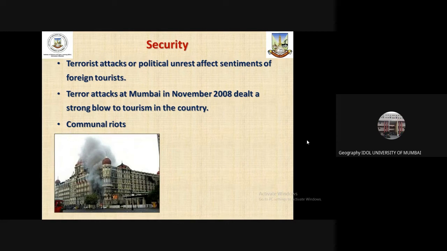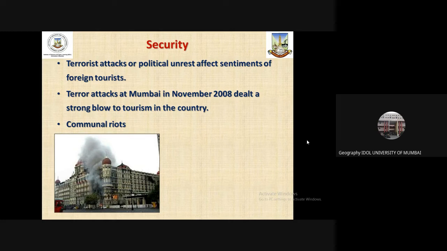Security. It is a matter of fact that India and various important tourist destinations in India are always a target for terrorists, and most of the time terrorist attacks also happen, and political unrest also affects the sentiments of foreign tourists. They do not feel safe staying at certain places.